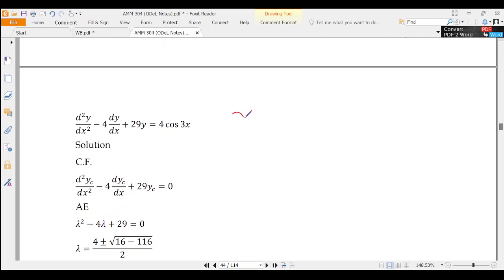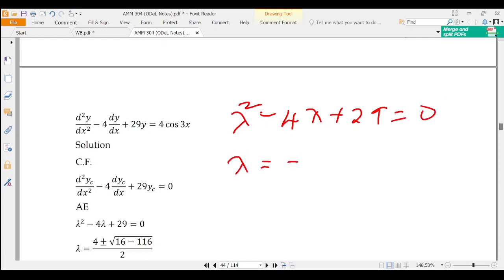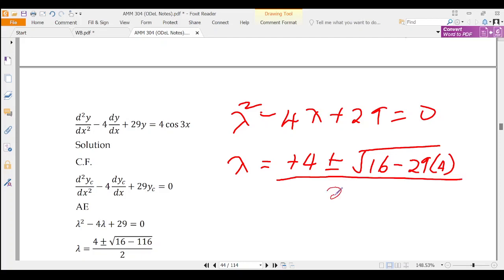The characteristic equation is lambda squared minus 4 lambda plus 29 equals 0. So lambda becomes minus of minus 4, which is plus 4, plus or minus the square root of 16 minus 29 times 4, and we divide this by 2 times 1.